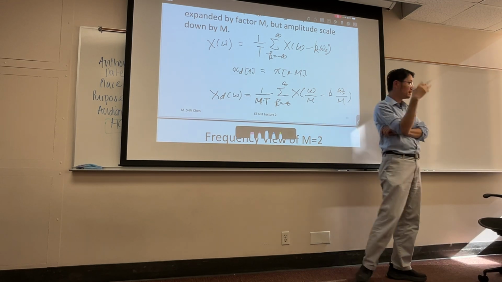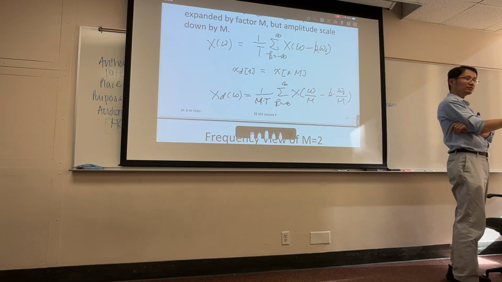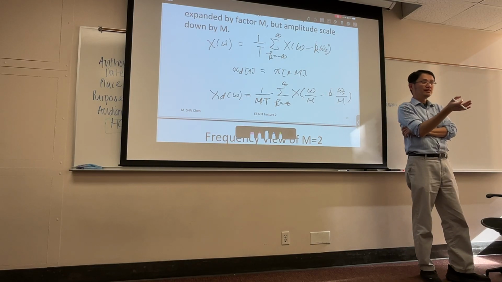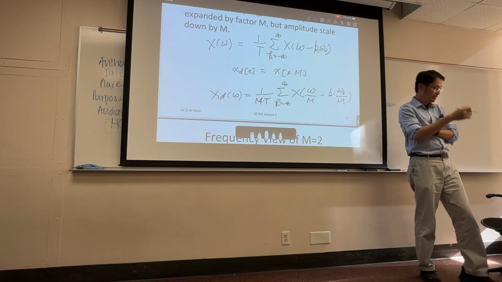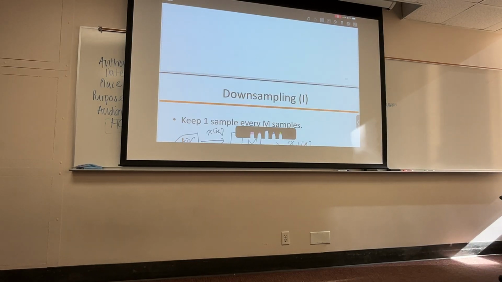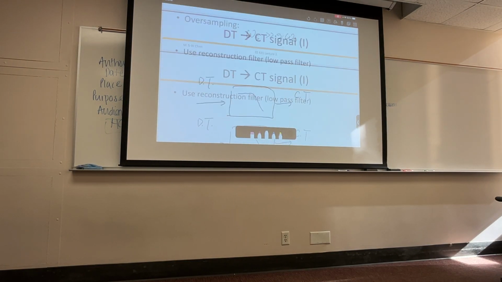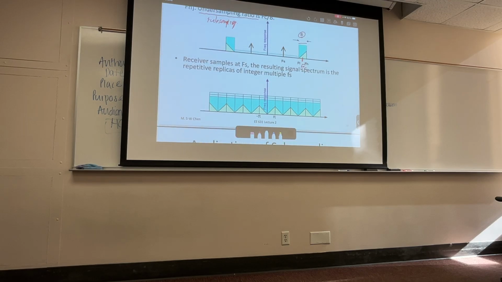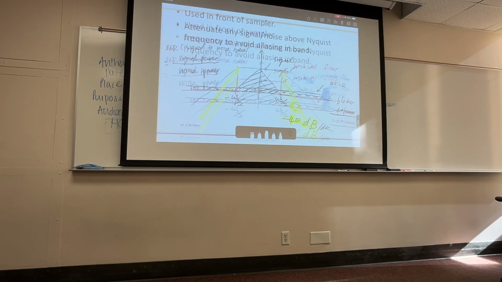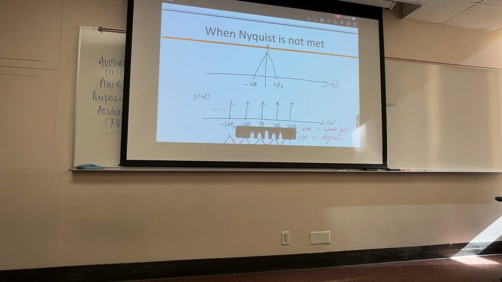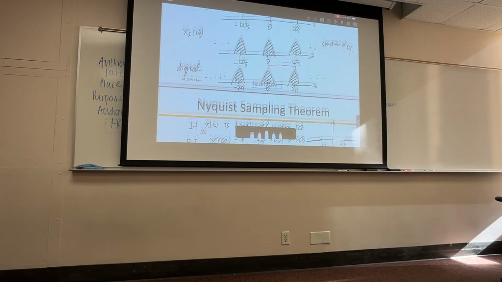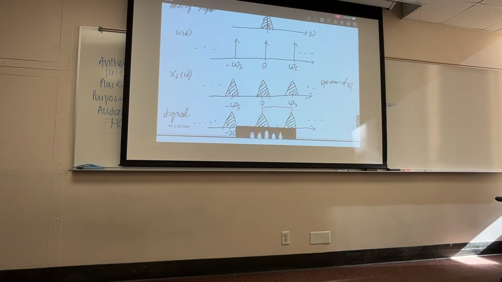One thing to think about is that we've been talking about how we convert from analog to digital, right? Remember that picture? Let me see if I can find it. Here. Remember this?